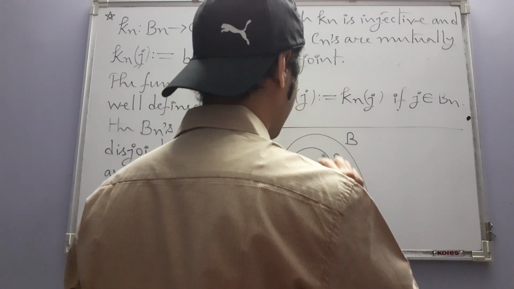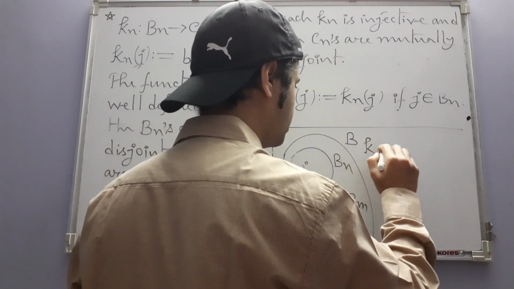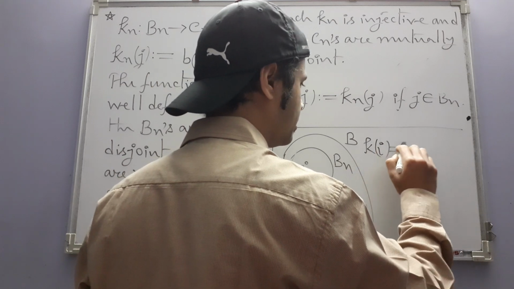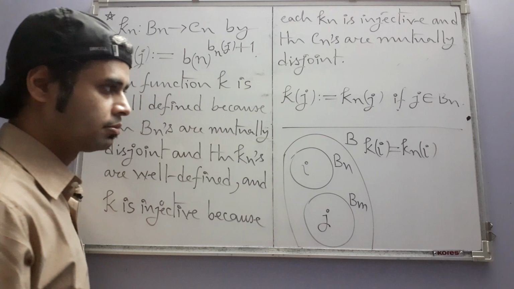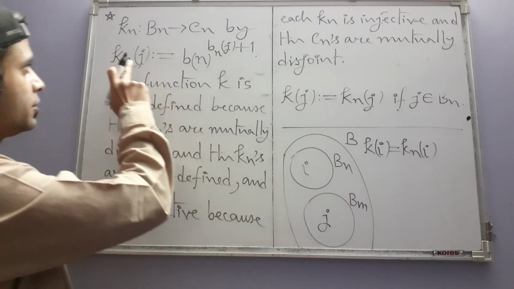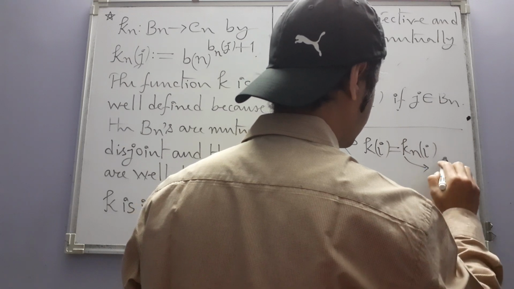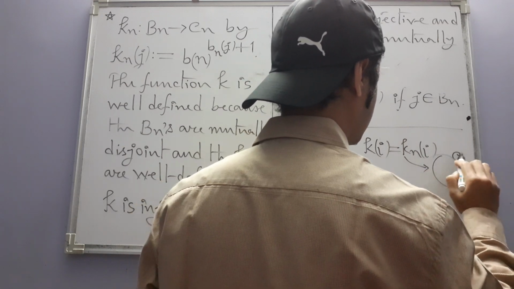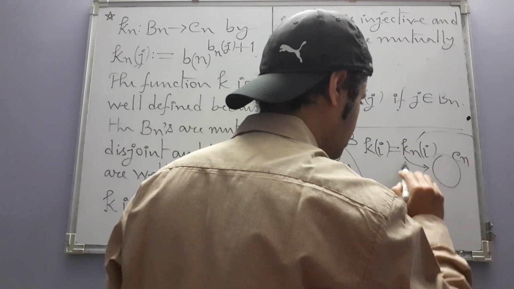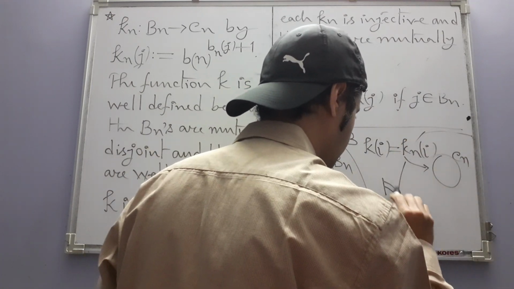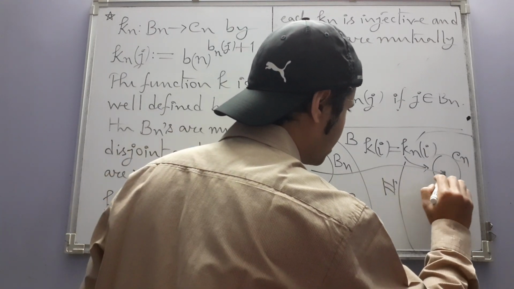Then according to the definition, what is going to be K of i? K of i is going to be Kn of i. And this, by the definition of Kn, is going to lie in Cn. And all these things are in N. So this i is going to be mapped here.